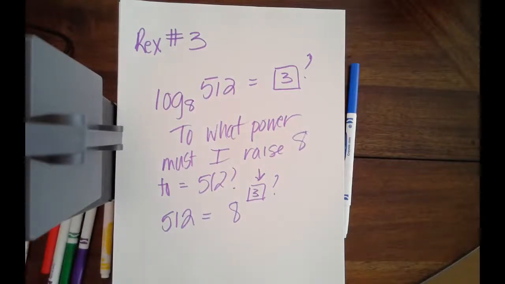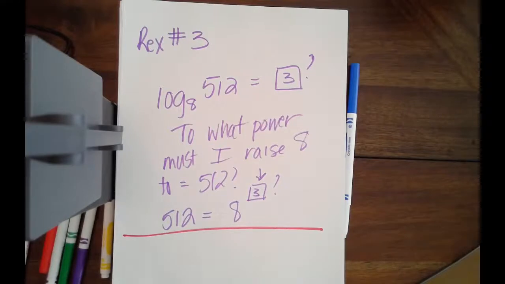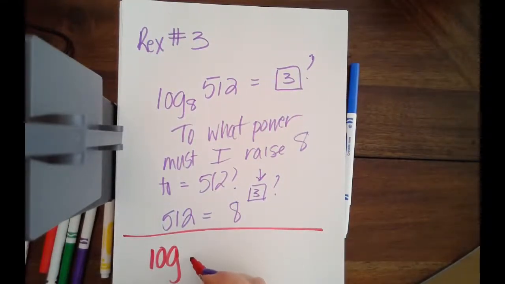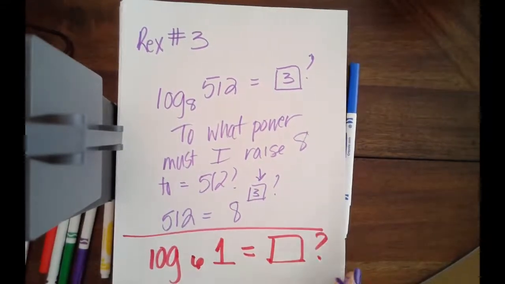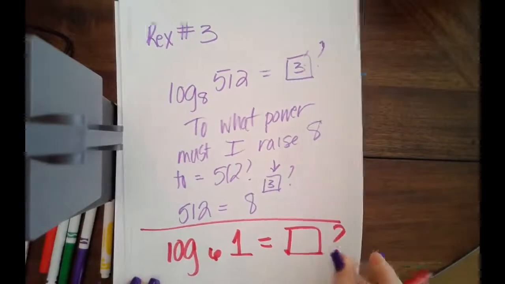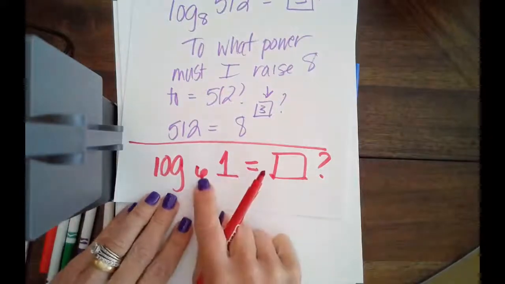Now remember, let's do one more of these. Let's say log base 6 of 1 equals blank. If we're evaluating this, you're asking to what power must I raise this base to equal 1?